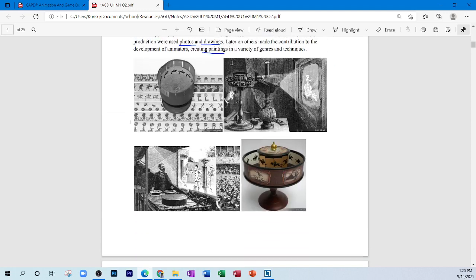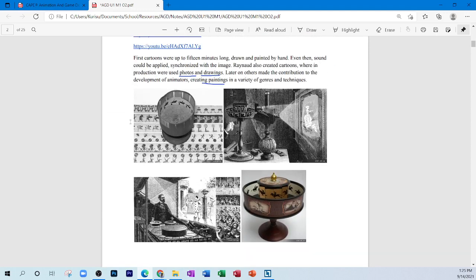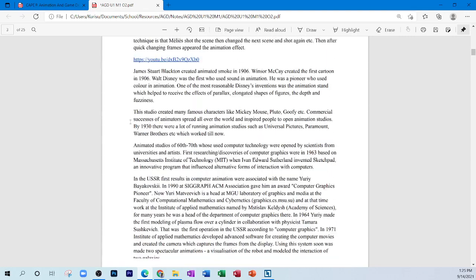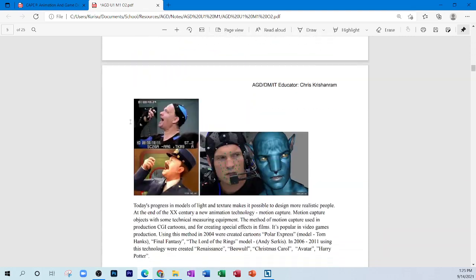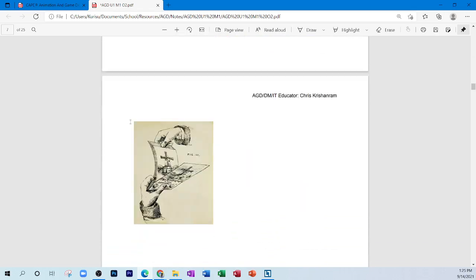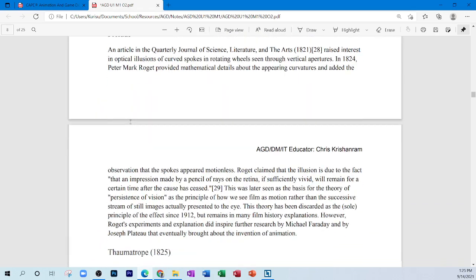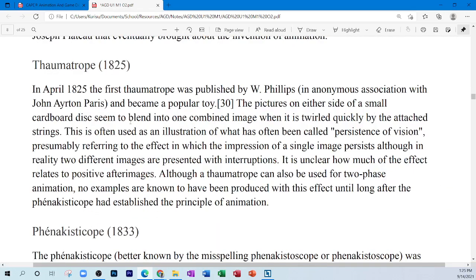So that's still in the 1800s, where we got some sort of technology that helped us to move between the images, move between the objects, and that would have caused animation. So let's look at some examples of some of those devices. The first is the thaumatrope. Zane, you can read that.